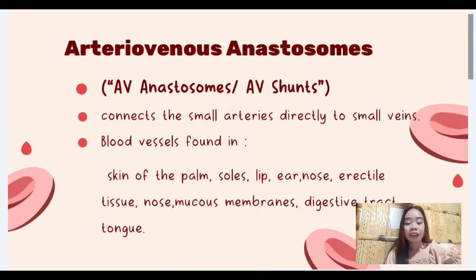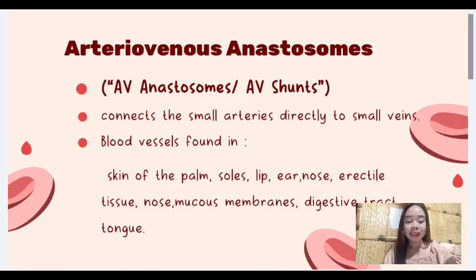They are found in certain regions of the body like the skin of the thumb, sole, lip, ear, erectile tissue, nose, mucous membrane, digestive tract, and tongue. So when the AV anastomoses are open, much of the blood in the arteries bypasses the capillary beds and drains directly into the veins.